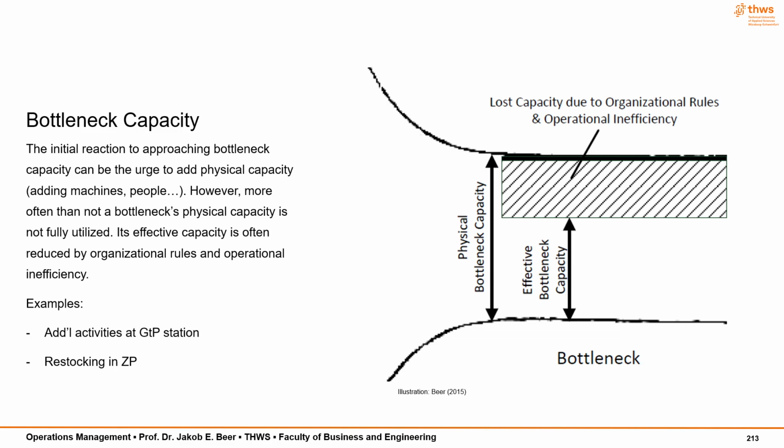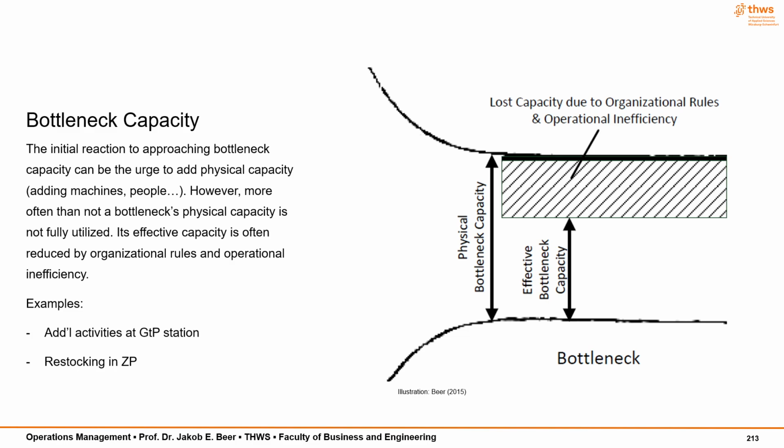Well, but we're not using our pickers very wisely in many goods-to-person stations. So I've seen companies spending millions on goods-to-person systems and on beautifully designed ergonomic goods-to-person stations. And then they make the picker do a lot of non-value adding tasks at the stations.